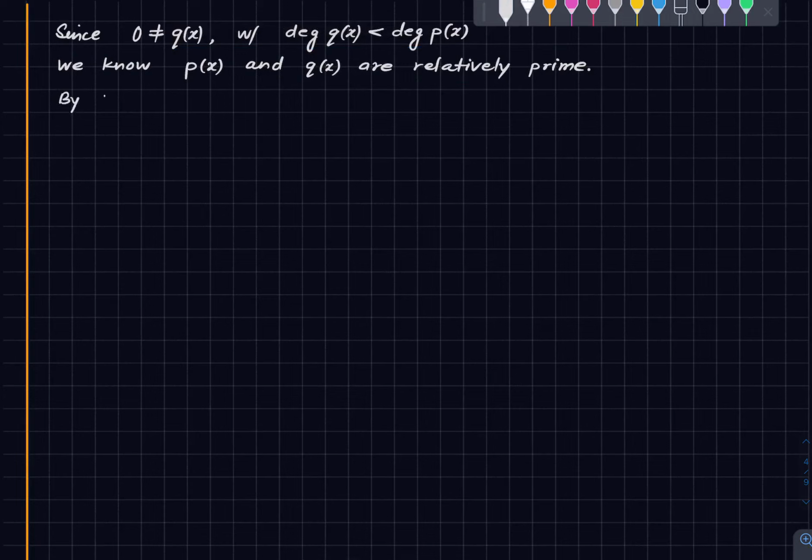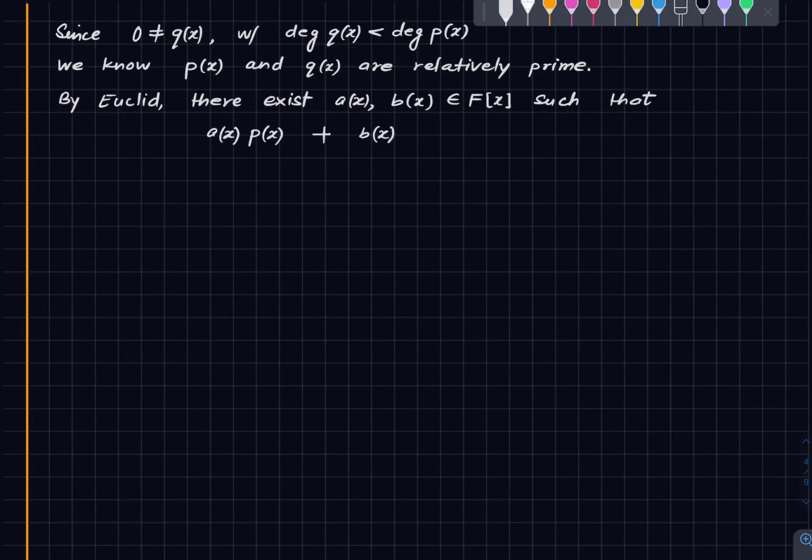So by Euclid, there exist two polynomials ax and bx such that, which implies, this is the identity thing.